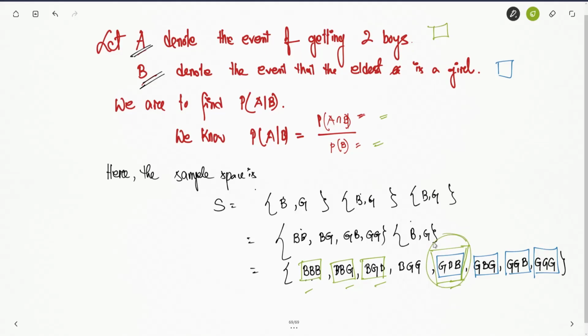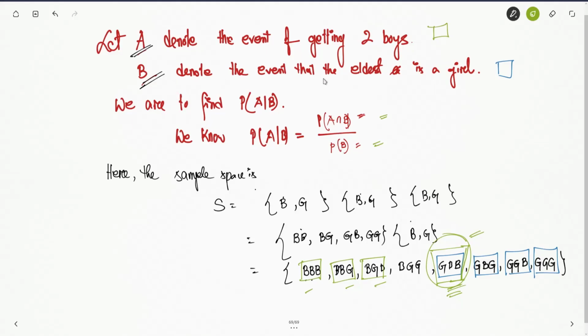That means it satisfies both condition A and condition B. So we have only one favorable case where we are getting 2 boys as well as the eldest is a girl, right? So this is the favorable case for A intersection B, right?